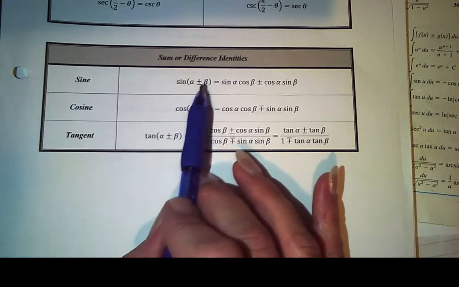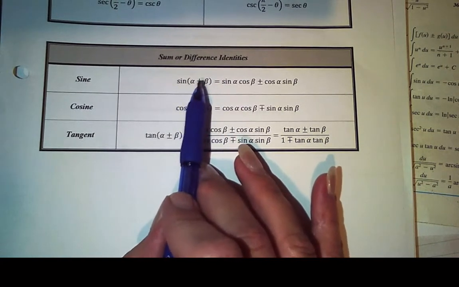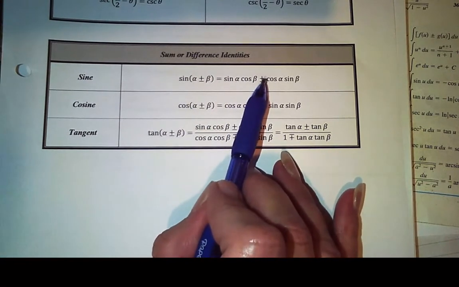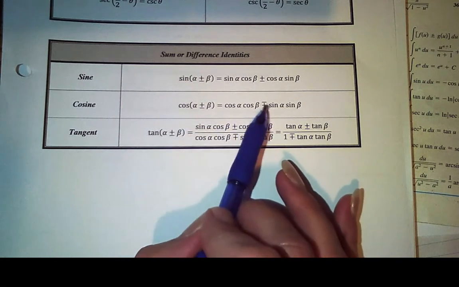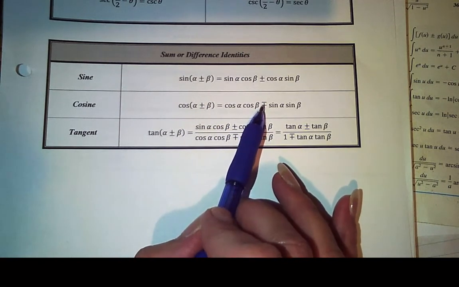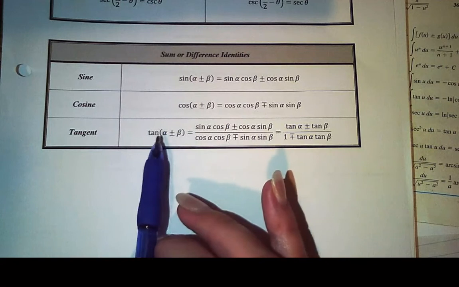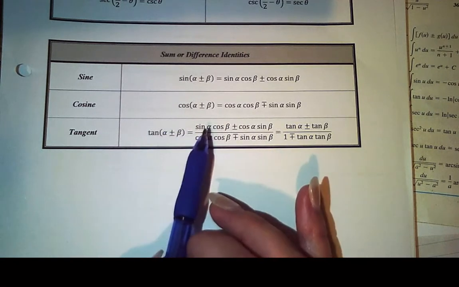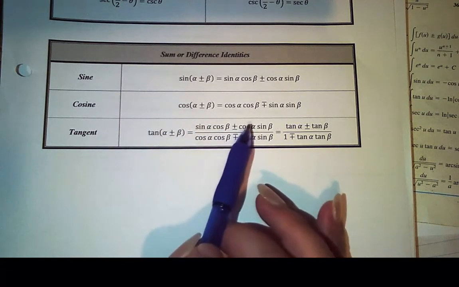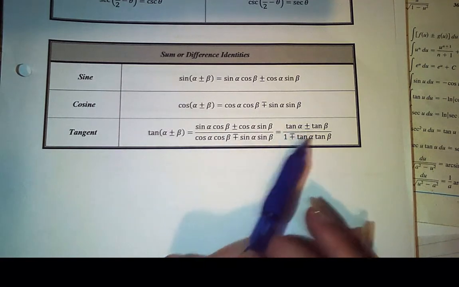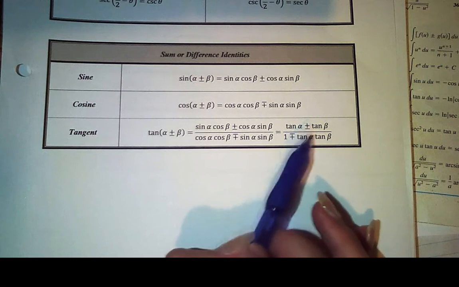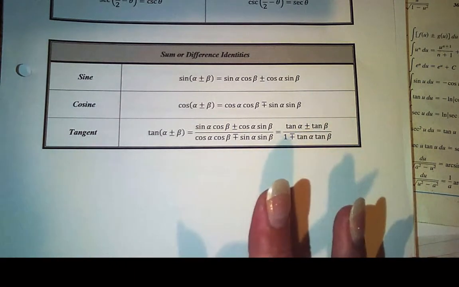So again, alpha plus beta, since the addition is on top, pay attention to what's on top over here. For cosine, since addition is on top, pay attention to what's on top over here, which is subtraction. And then again, you could take tangent and realize that's the same thing as the sine over the cosine, or we can mess with it and drop it down into a simpler thing in terms of tangent.